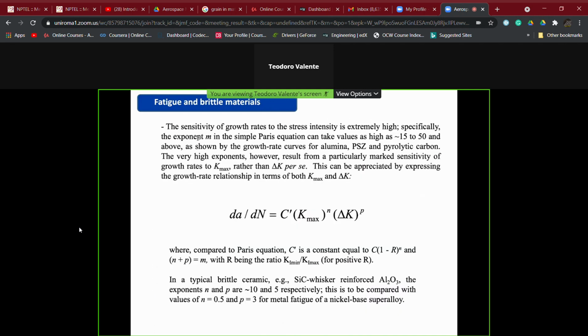And those are the basic equations that we can have in mind, and the most commonly used to model crack propagation of defects inside ceramic brittle materials subjected to fatigue loading.